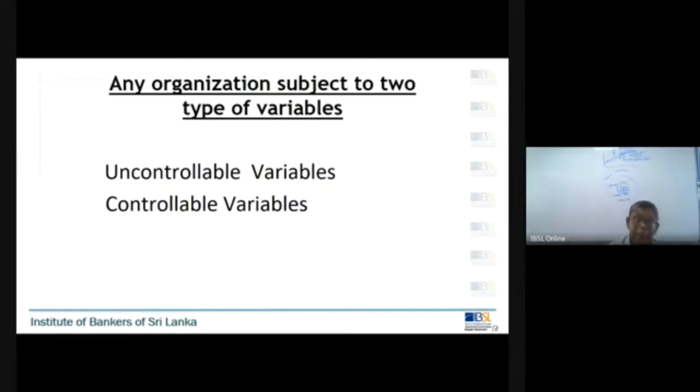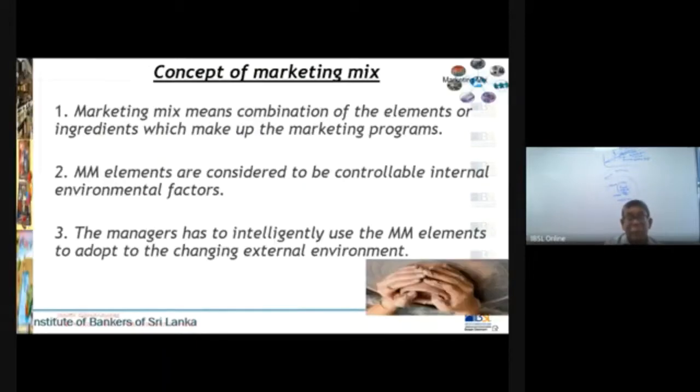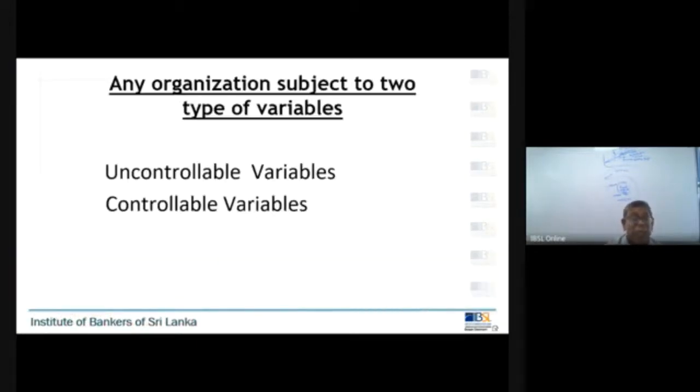We call them marketing mix variables. So in your handout, you can put uncontrollable variables, example, PESTLE factors. Controllable variables we call marketing mix variables.